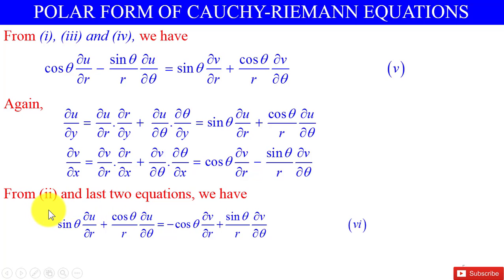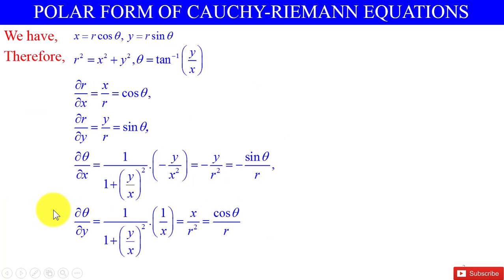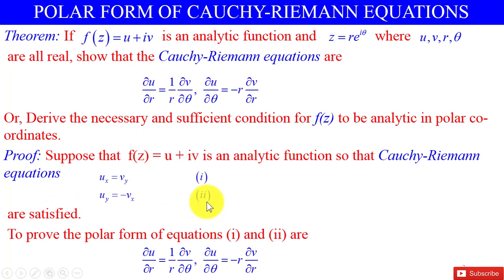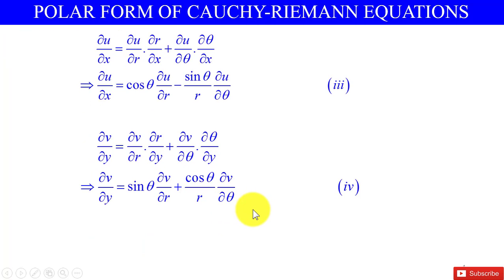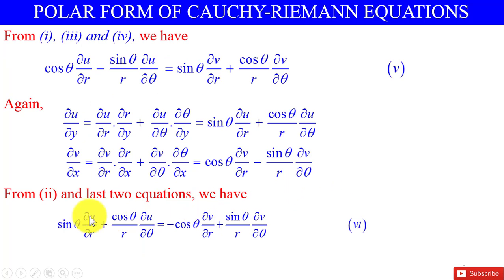From equation number 2 and the last two equations, we have sin θ ∂u/∂r + (cos θ/r) ∂u/∂θ = −(cos θ ∂v/∂r − (sin θ/r) ∂v/∂θ).